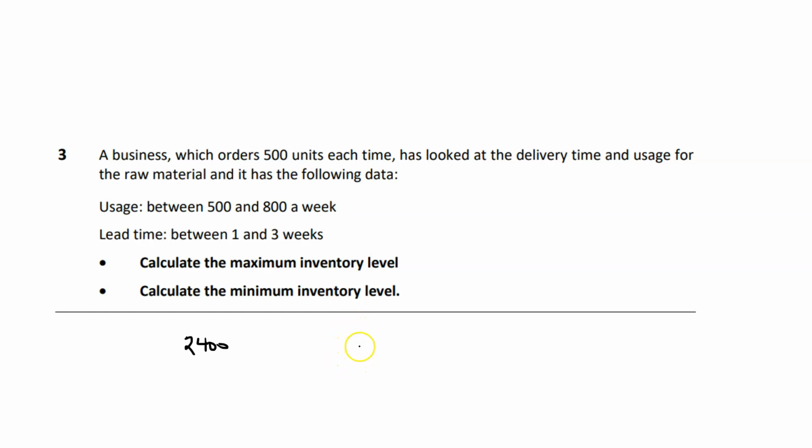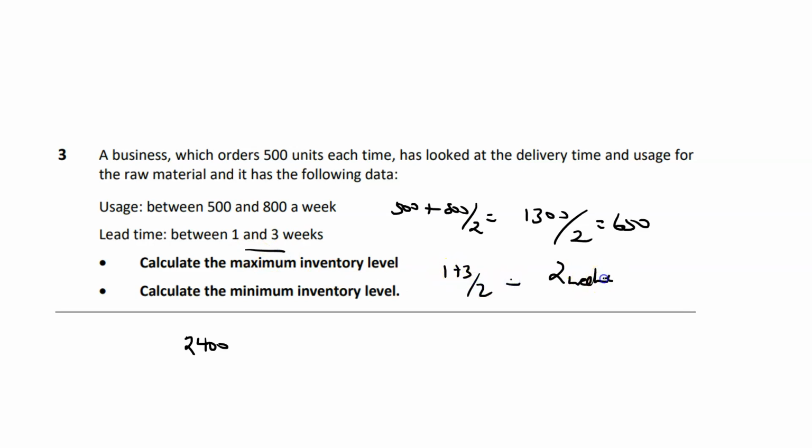We're saying that what could actually happen is that instead of this assumption that you're going to get a demand of 800 and it's going to take 3 weeks, it is actually the average. We will see an average use of 500 plus 800 over 2, which is 1,300 over 2, which is 650. And we will see a lead time of the average as well, 1 plus 3 over 2, which is equal to 2 weeks.